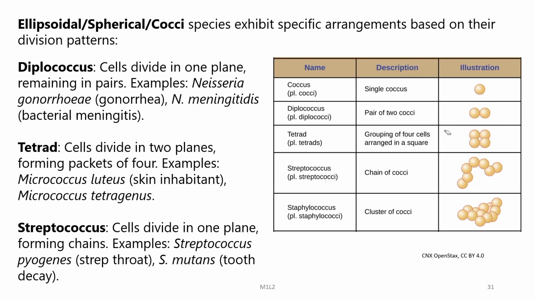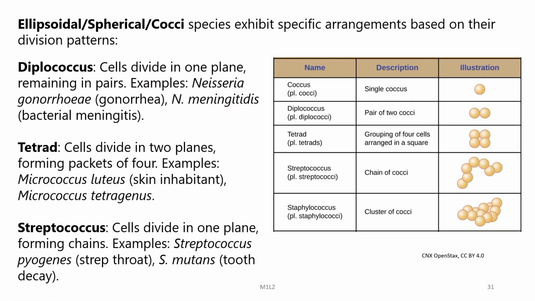So we call them diplococcus. When the cells divide in one plane, they remain in pairs. We have many examples of such diplococci like Neisseria gonorrhoeae, which causes gonorrhea, or Neisseria meningitidis, which causes bacterial meningitis.